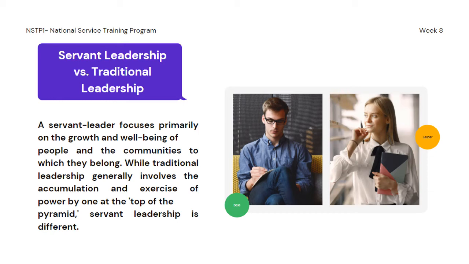So this means that the priority of a servant leader is to serve the people and the community to which they belong, while a traditional leader, as we are all familiar with, wants to work to reach the top of the pyramid in order to have power and control over the people.